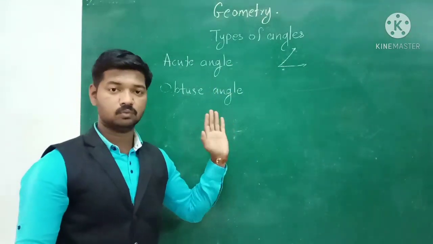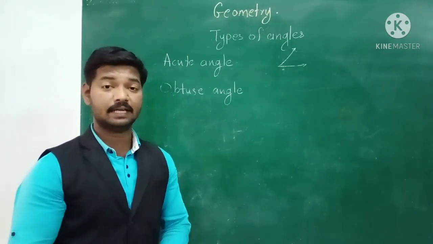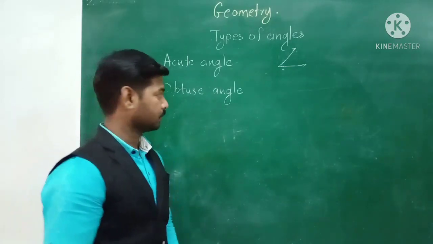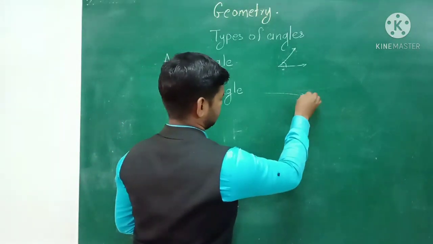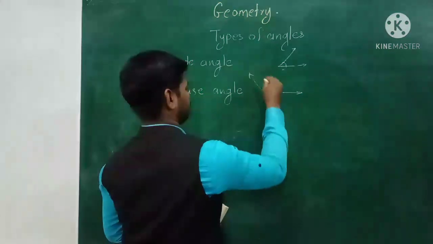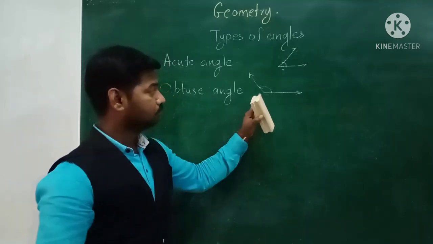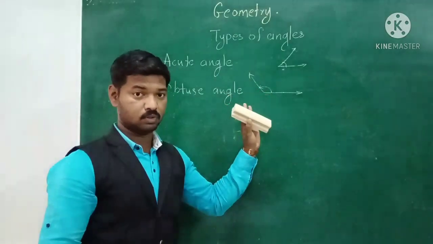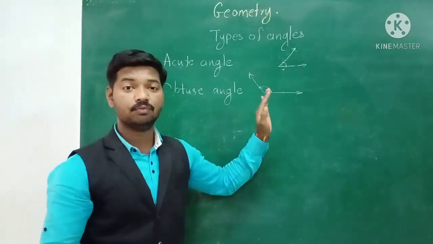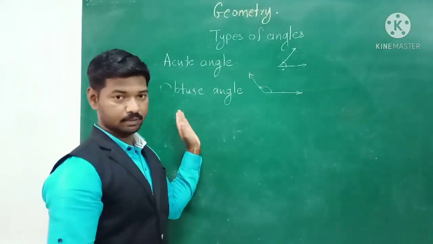An angle whose measure is more than 90 degree but less than 180 degree is known as obtuse angle. You will see the example. You see this angle is more than 90 degree. So the angle whose measure is more than 90 degree but less than 180 degree, such angle is known as obtuse angle.